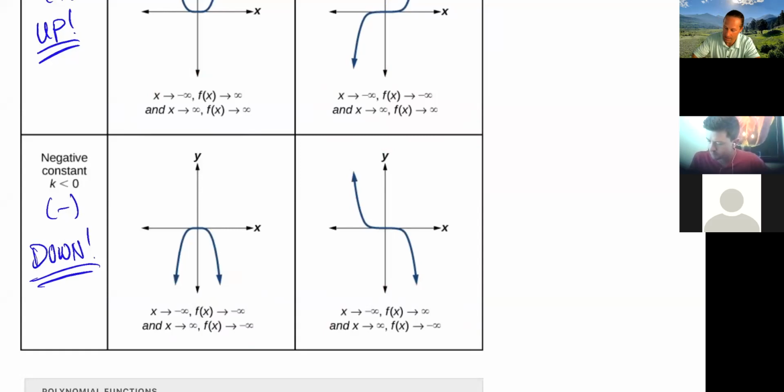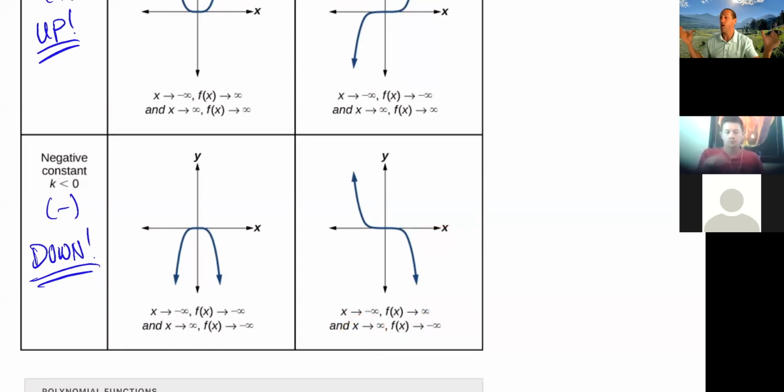All right, so as x goes to the furthest right, whether the number in front of our power is even, same, odd, opposite directions, if that number in front is negative, we know from left to right, it's going to decrease. So as x goes to negative infinity, our y's would start up at positive infinity. And as x went to the furthest right, our y values would approach negative infinity.